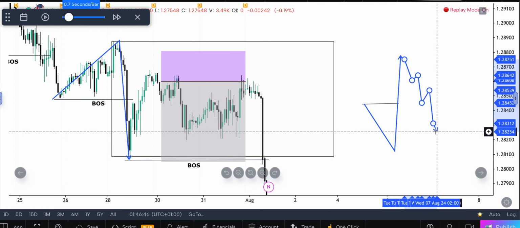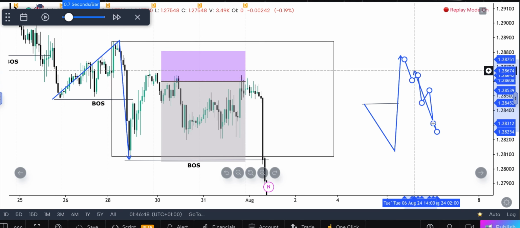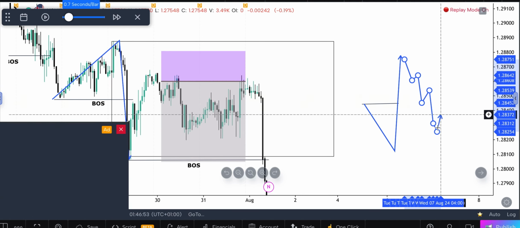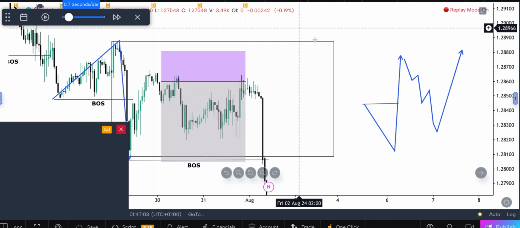Then it's going to be buying from somewhere around here, and boom. So anything that's happening around here now is internal structure. I'm going to be buying around here, targeting the liquidity above this high here as my target.